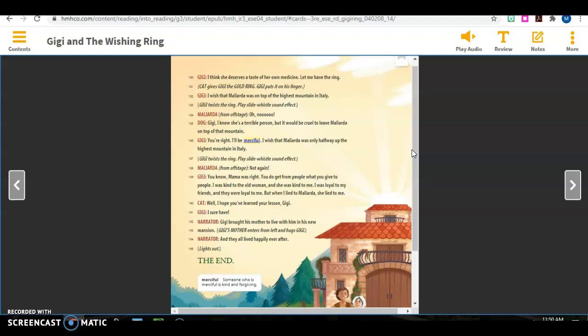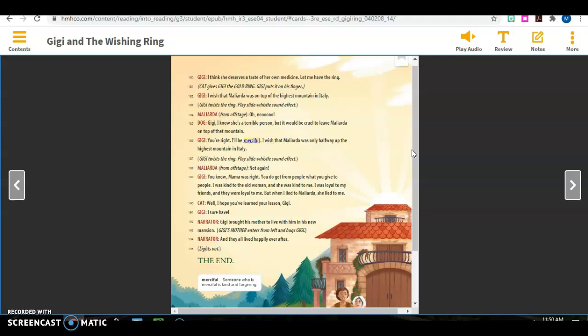Dog: Gigi, I know she's a terrible person, but it would be cruel to leave Magliarda on top of that mountain. Gigi: You're right. I'll be merciful. I wish that Magliarda was only halfway up the highest mountain in Italy. That's funny. Gigi twists the ring. Magliarda from off stage: Not again!